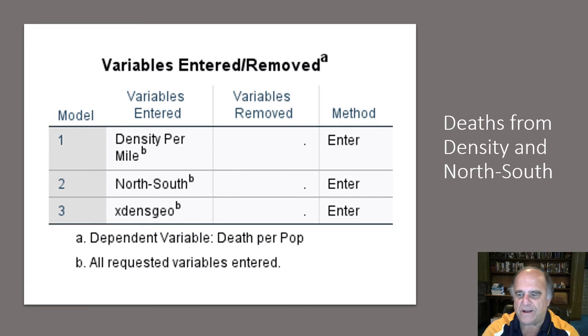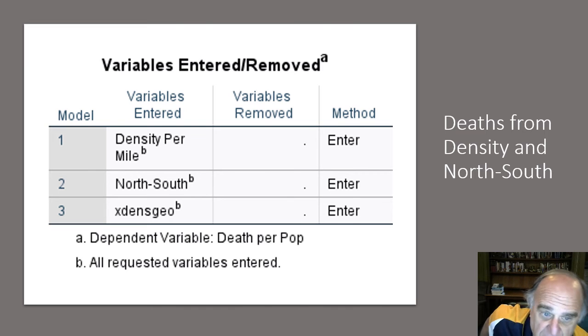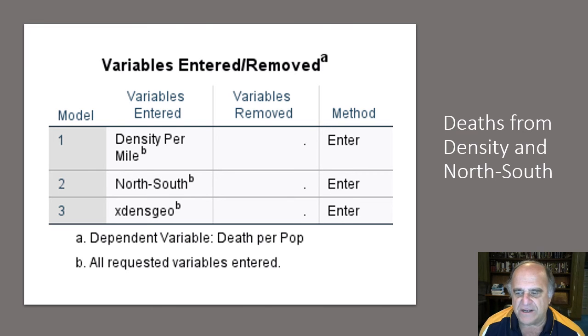Since that one didn't work out very well, I ran another one for you. Now, I said I dummy coded north-south. North was coded 1, south was coded 0. And so now I have a regression, and I've run this the more traditional way that I like. I first put in density per mile, since I was regarding north-south as being the moderator.